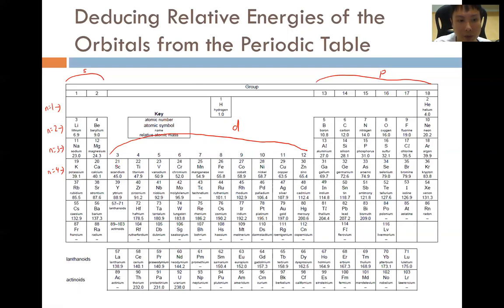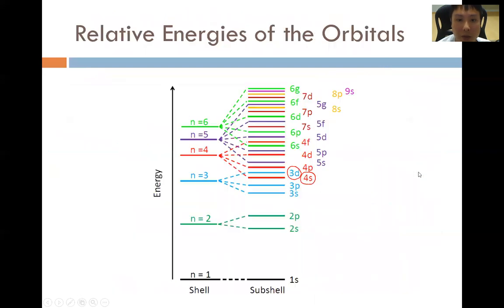So I just like to point out that for the d orbital here, although it is row 4, it's actually the 3d orbitals. And then after the 3d orbitals, it is the 4p orbitals. As you can see here, after the 3d, it's the 4p.